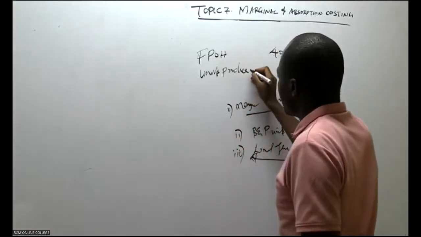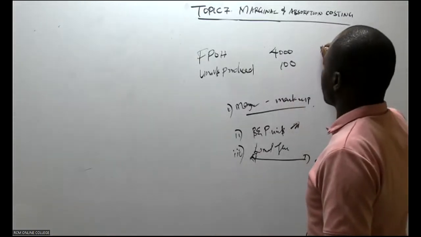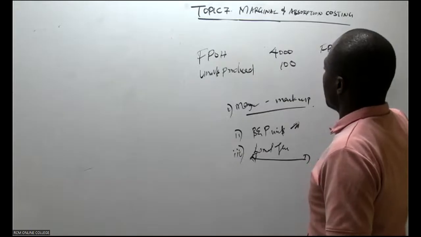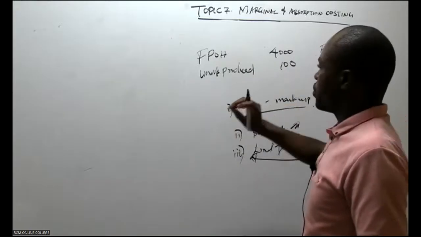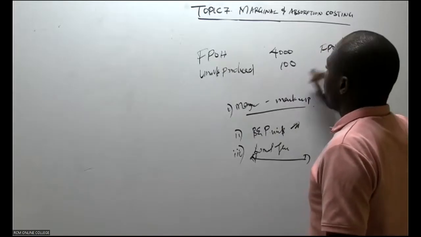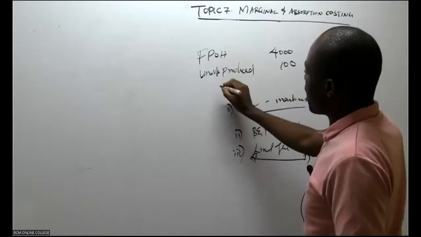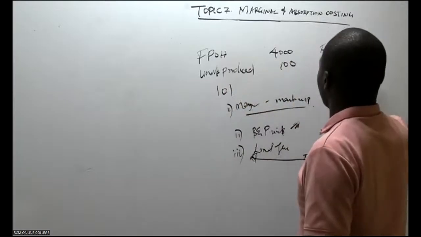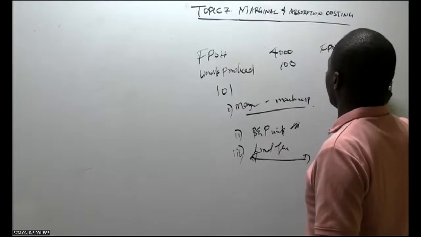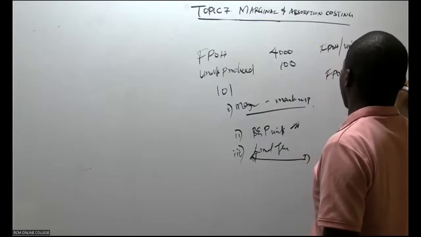So you can see, if the company is going to produce only 100 units, then the fixed production overhead per unit will be 4,000 divided by 100, which is 40. When these units are increased by just one, that is 101, what will be the new fixed production overhead per unit? We still have 4,000, but now you divide by 101.